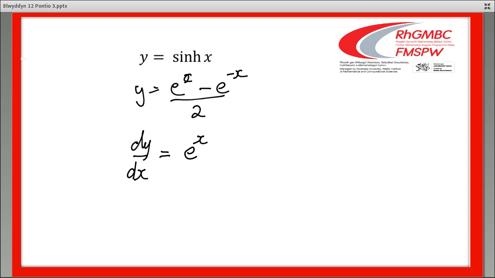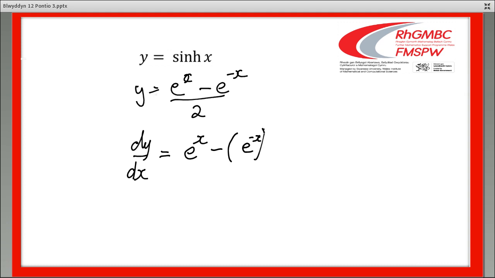You differentiate e to the x, you get e to the x. And then copy down the minus symbol in the middle, and then I'm going to put a brackets. Differentiate e to the power of minus x gives me e to the power of minus x.